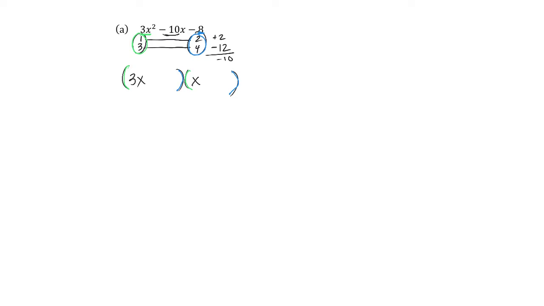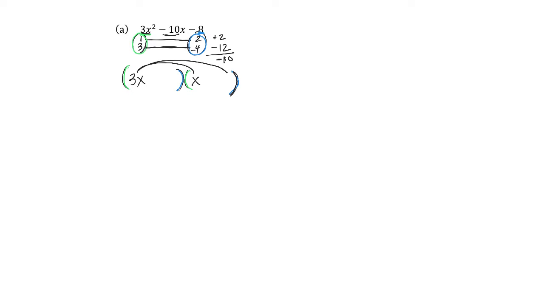Now I needed 3 to multiply times 4, but it really needs to be a negative 4 because I need that 12 to be negative in order to add up to a negative 10. Okay, the 3 multiplies times the first term. That's how I get my 3x squared. And then the only other thing it multiplies times in the second parentheses here is this last term.